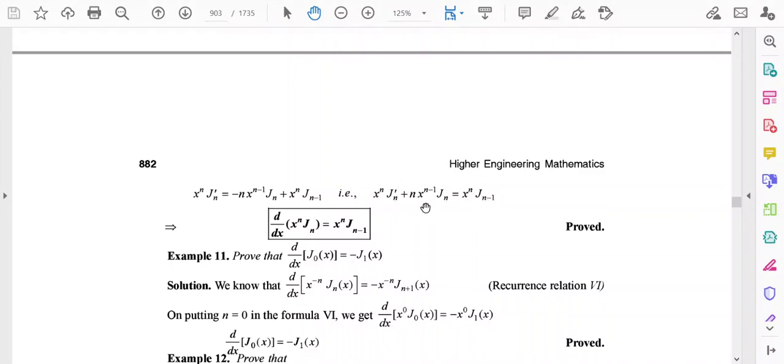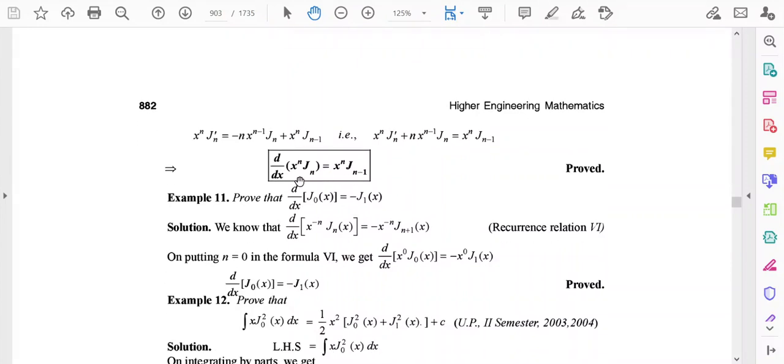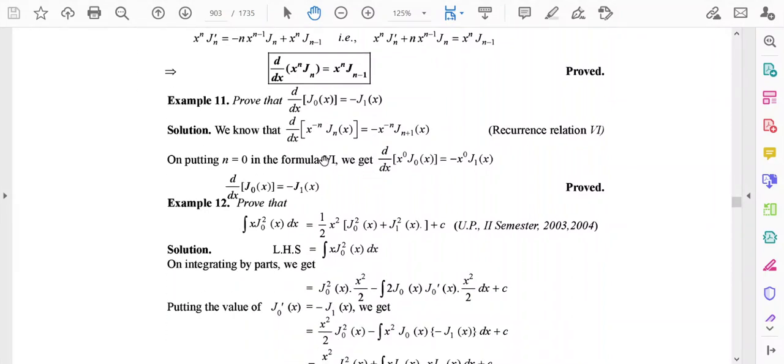These two terms can be written as d/dx of x to the power n J n, because if you differentiate x to the power n into J n, you will obtain these two terms. So the left hand side can be written as d/dx of x to the power n J n, and that is equal to x to the power n J n minus 1. This is formula 6.